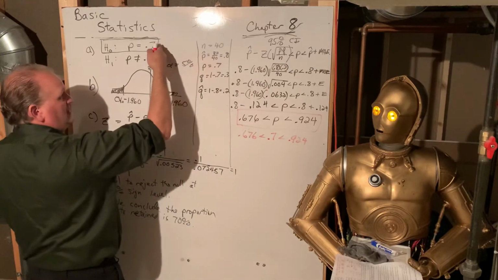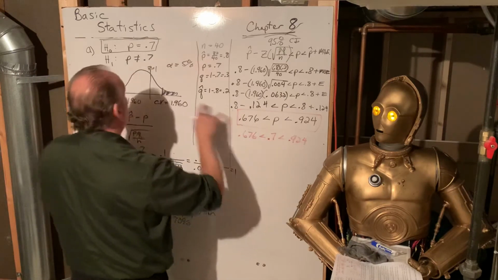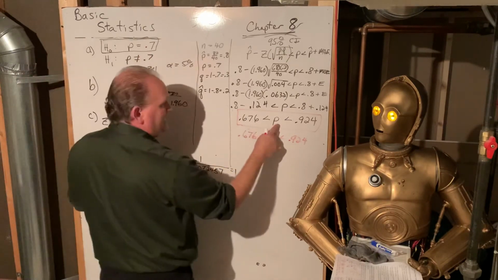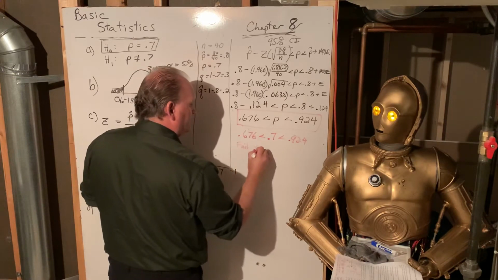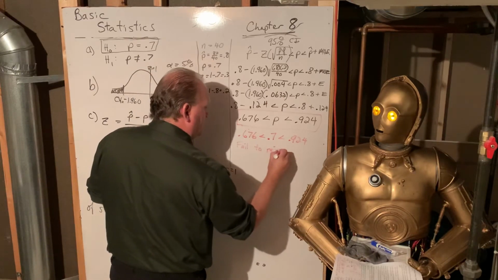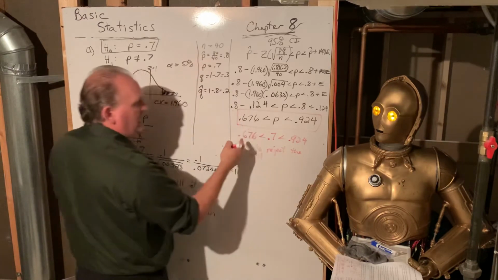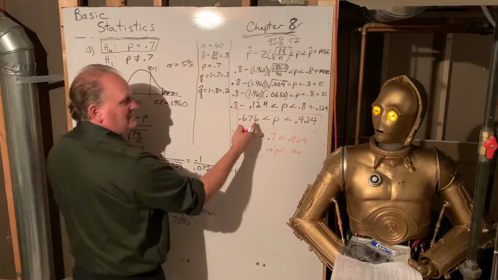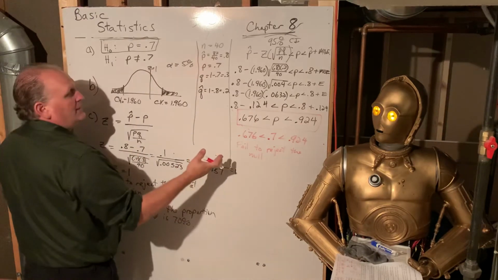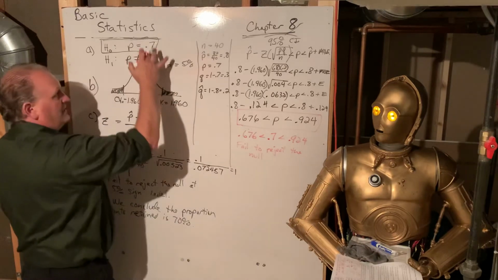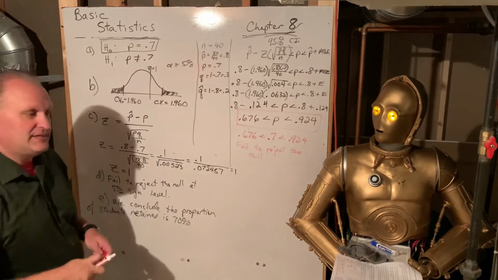If this was our hypothesis, we could skip this and go to the confidence interval and go, all right, the null is contained in the confidence interval, so we fail to reject the null. So had this been 0.776 to 0.924, then we would have rejected the null, because then that wouldn't be contained in the confidence interval.